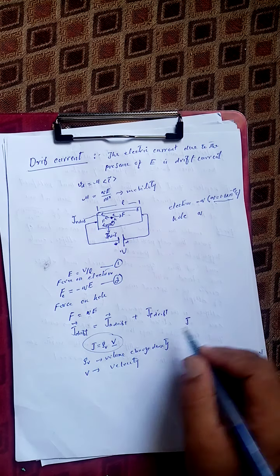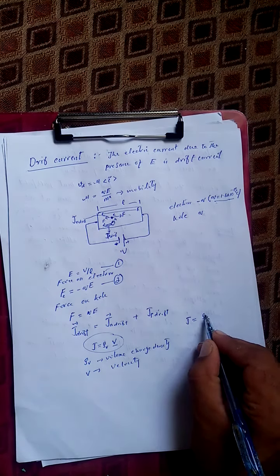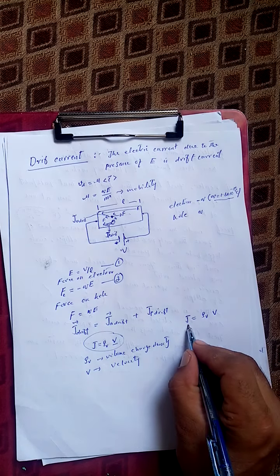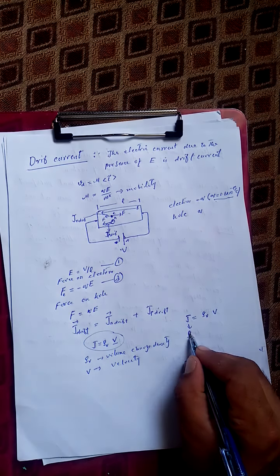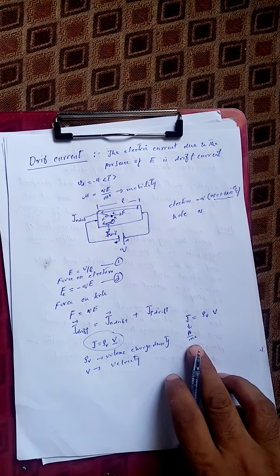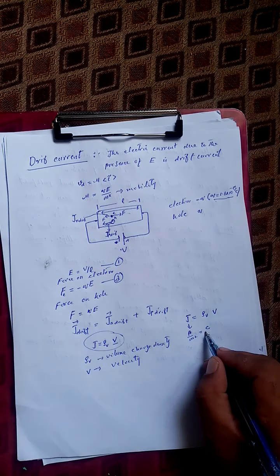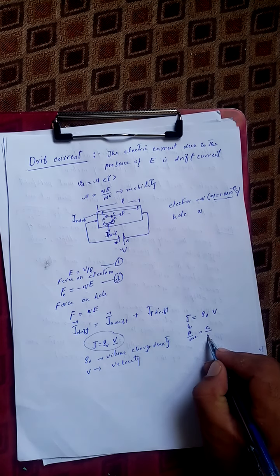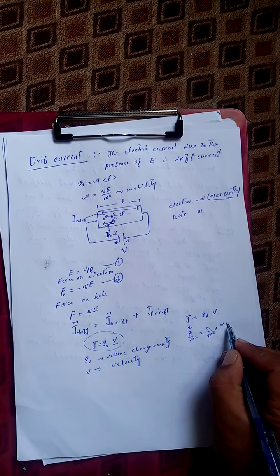This is the current density, and this is volume charge density times velocity. Current density is current per unit area, so its unit is ampere per meter square. Charge density is charge per unit volume, which is meter cube, times velocity is meter per second.